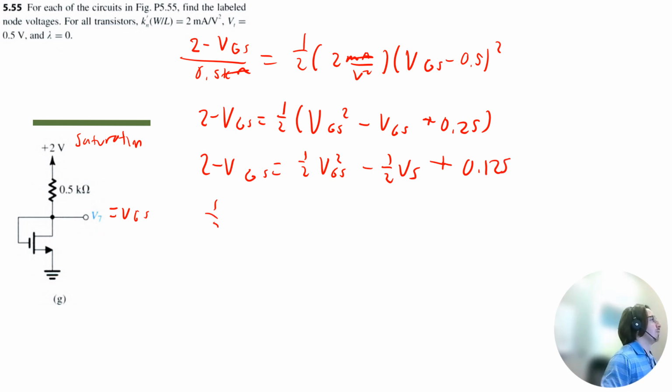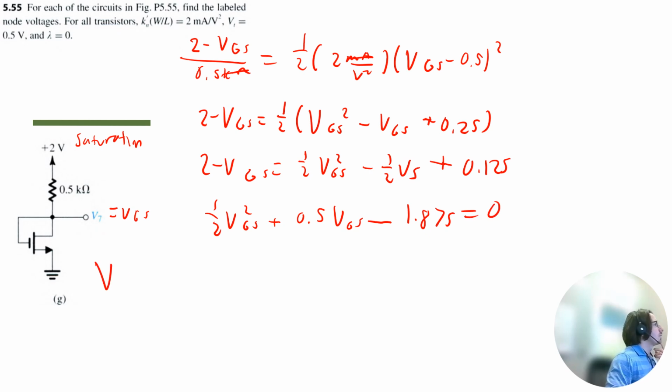So we're going to have 1/2 VGS squared plus 0.5 VGS. And then we're subtracting 0.125 minus 2, which is negative 1.875. We're going to use the quadratic equation. So VGS is equal to negative 0.5.